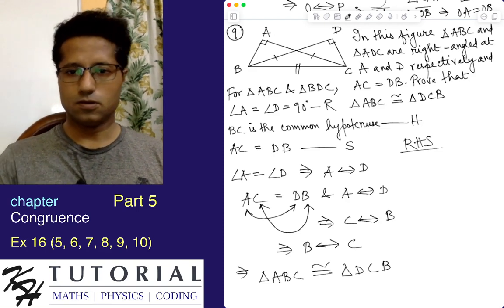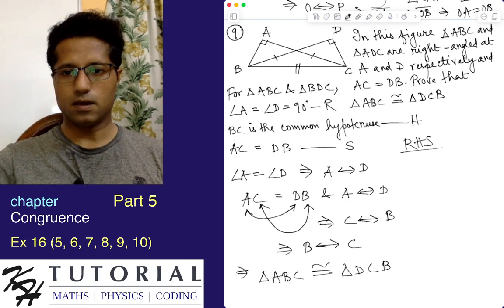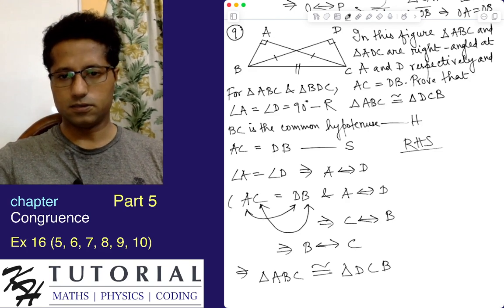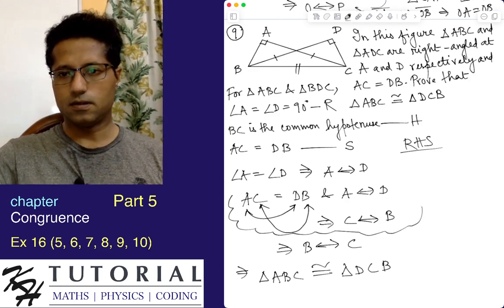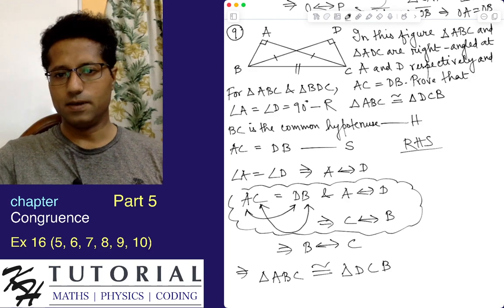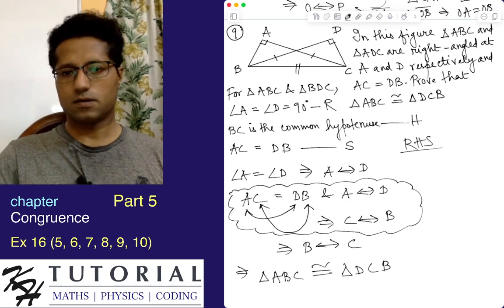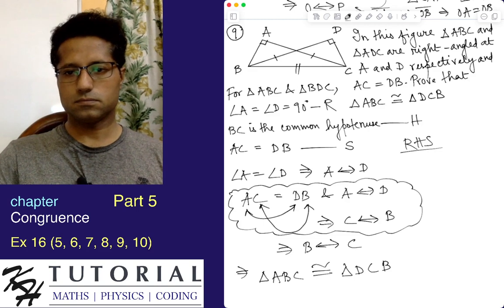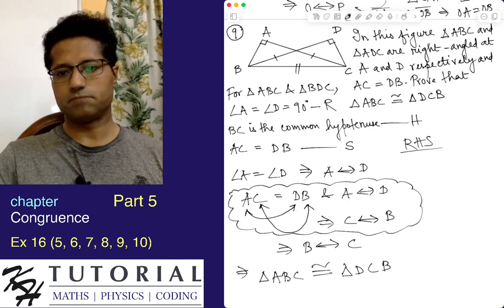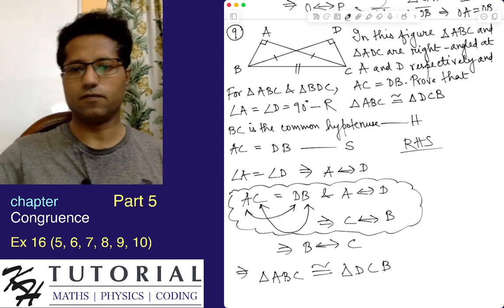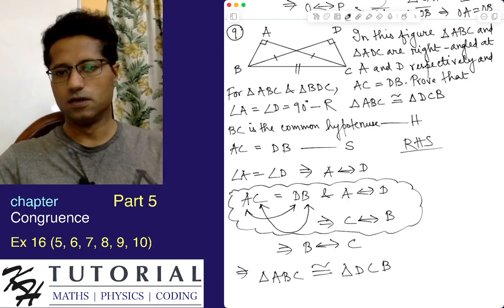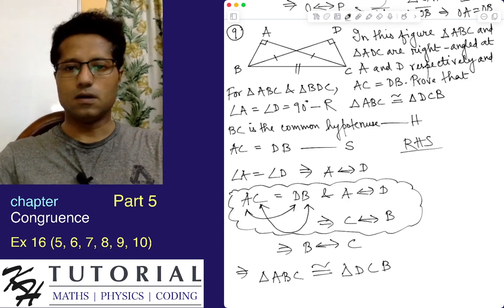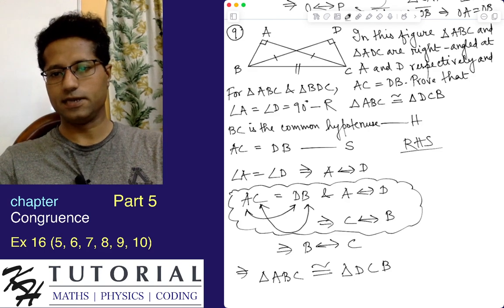Okay. So this is a very important concept that you may apply for finding a correspondence between two vertices. You see that AC is equal to DB.